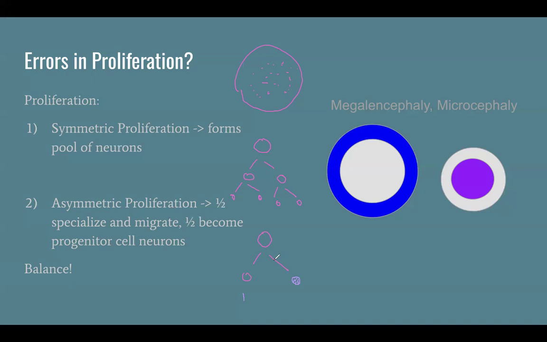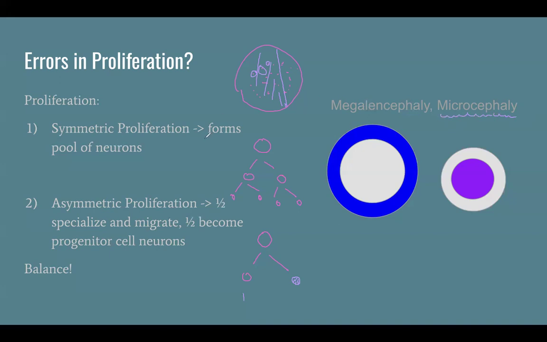In other words, when your base resource is a fraction of the size it's supposed to be, you're not going to be able to produce enough cells to promote asymmetric proliferation, because these cells will, after that, conduct asymmetric proliferation. In all, you're going to result in fewer cells than necessary. That is a phenomenon called microencephaly, where your head is too small.